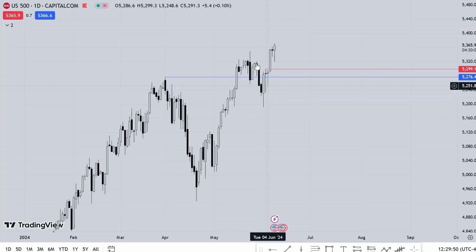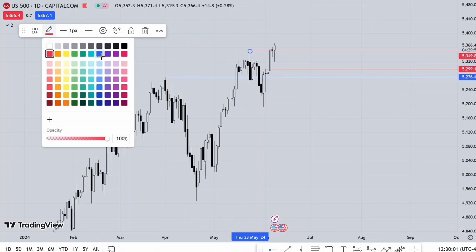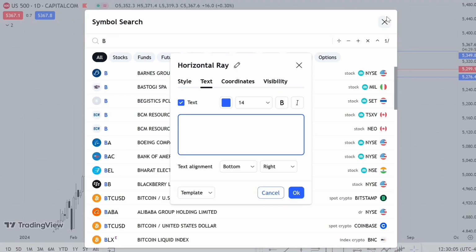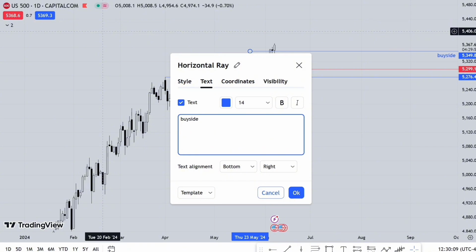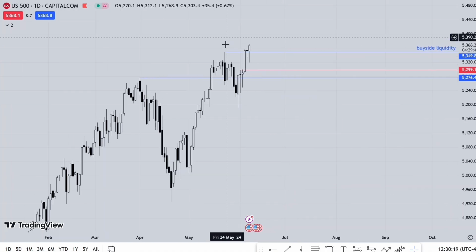So we had price make this high here, which, from my side, is buy side liquidity. So here we had buy side liquidity. So buy side liquidity was above here.